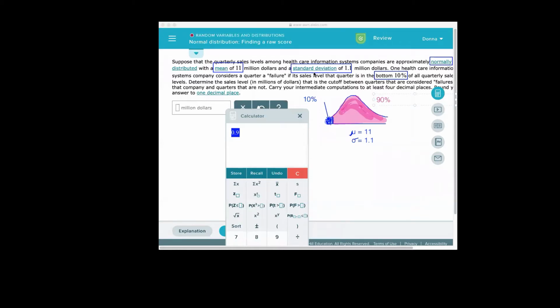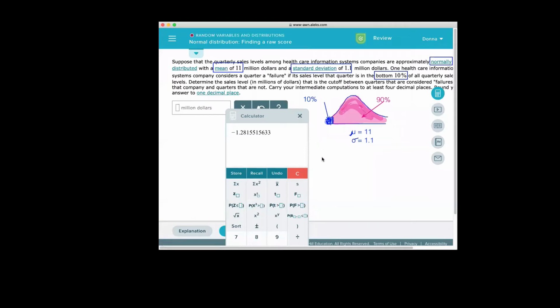And therefore I can use z-box of 0.9, because once I know the area to the right, I can find that corresponding z-score. So if I select z-box of 0.9, it's going to give me a negative 1.2816, and that's a value that we just did earlier. And if you notice, on the left it's negative, and on the right it's positive.